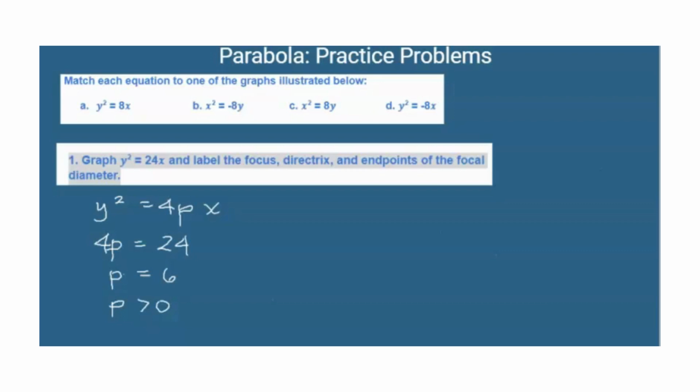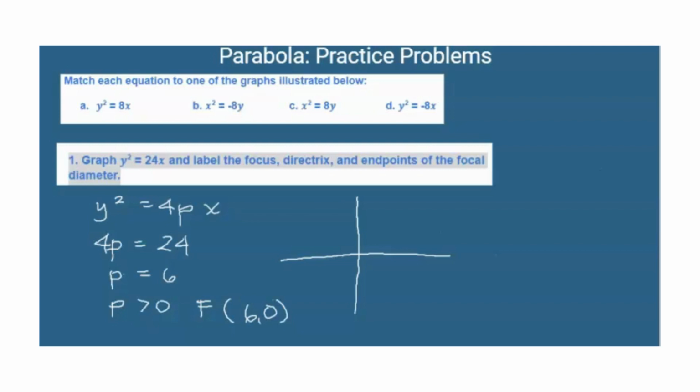So if it opens right, it means our focus is at (6, 0).